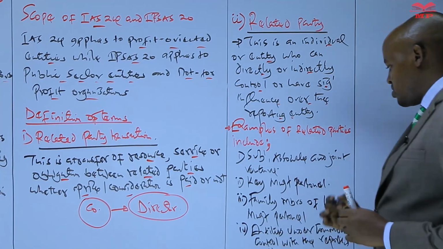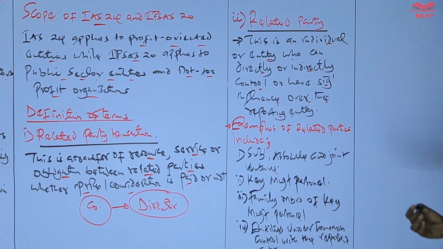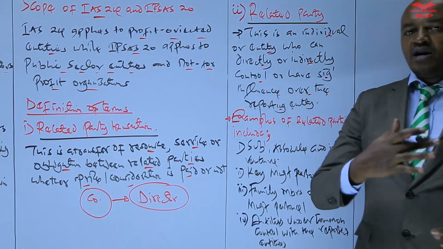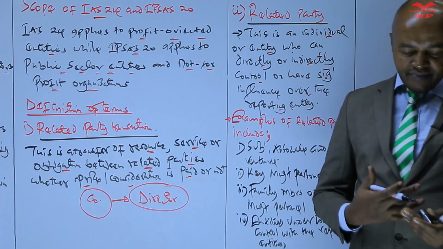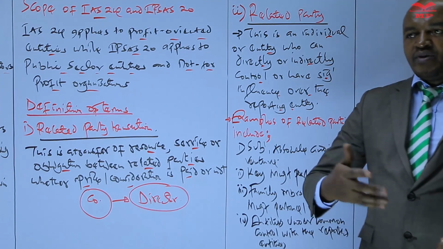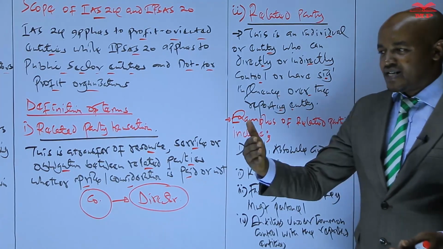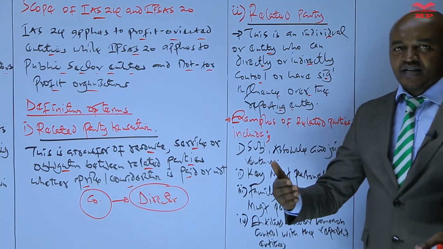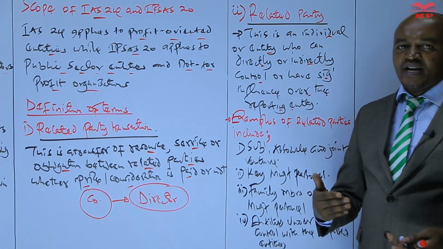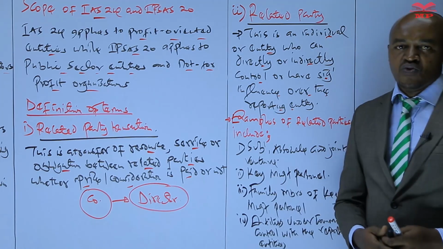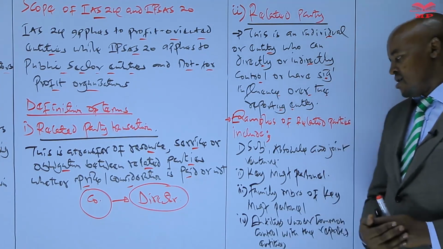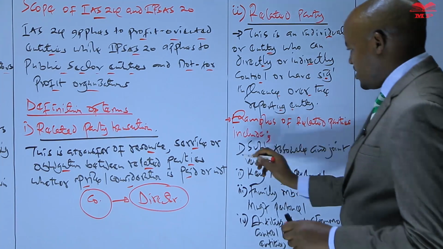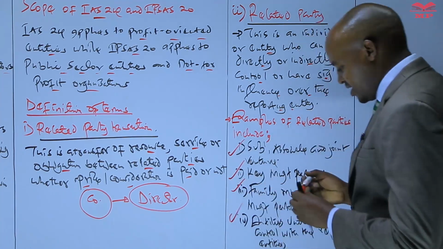Here we are talking of a scenario whereby we have a group of companies. The parent company is a related party to the subsidiary, a related party to the associate, and a related party to the joint venture. So these are some of the related parties.